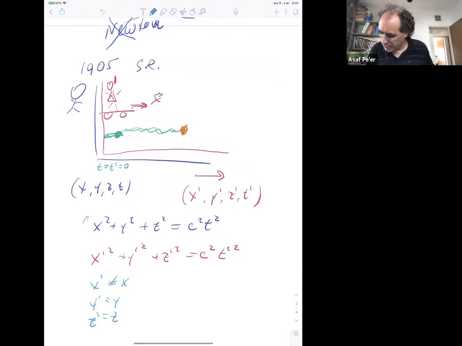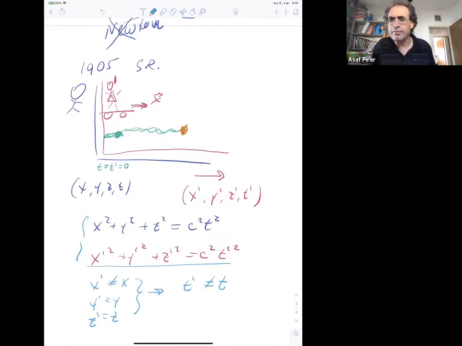So from these two equations, we immediately get that t prime must be different than t. They cannot be the same. Which kind of makes sense because, if both agree on the speed of light, and they disagree on the location, then they cannot agree on the time, because the velocity is the difference in location divided by the difference in time.